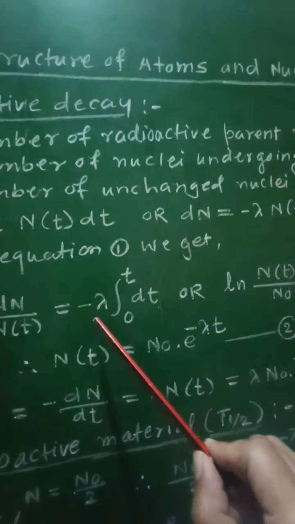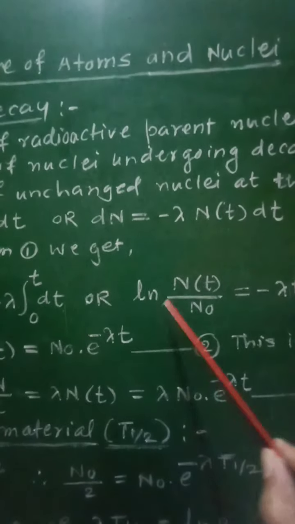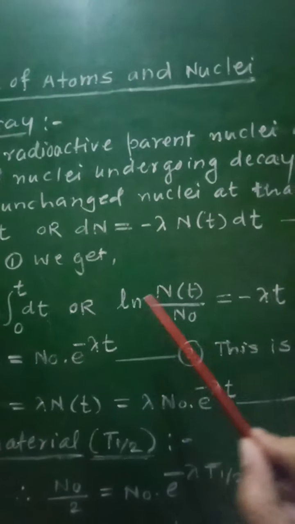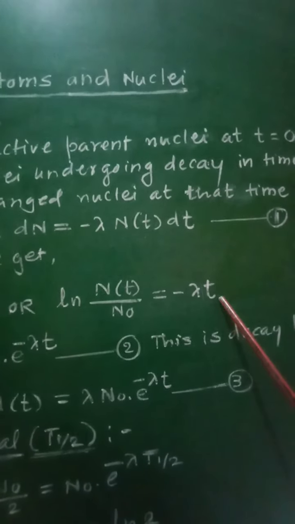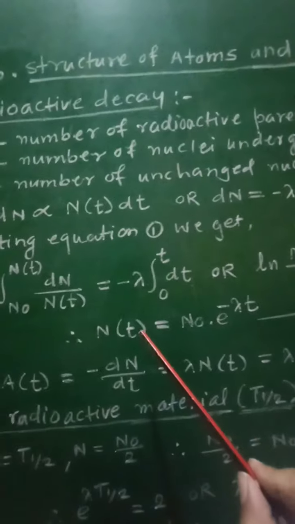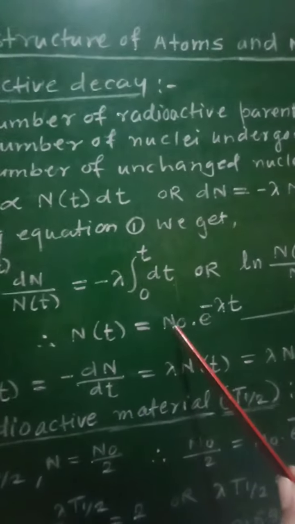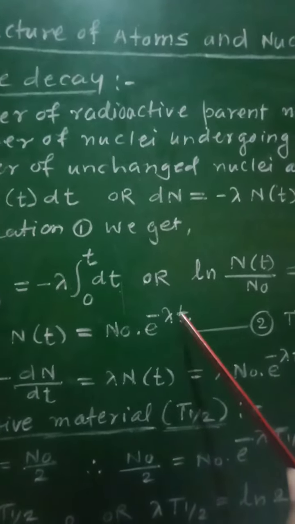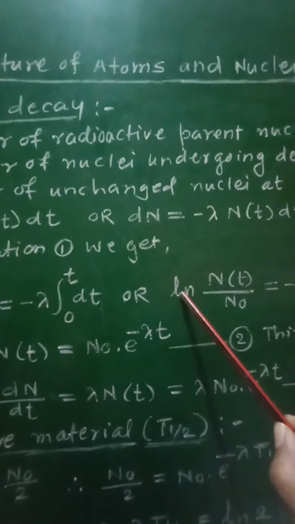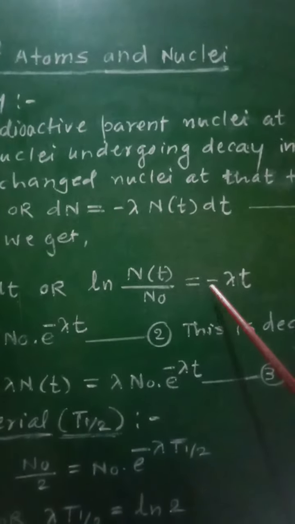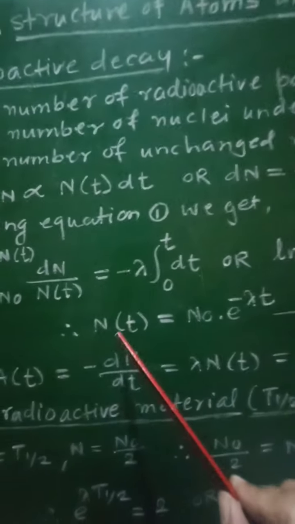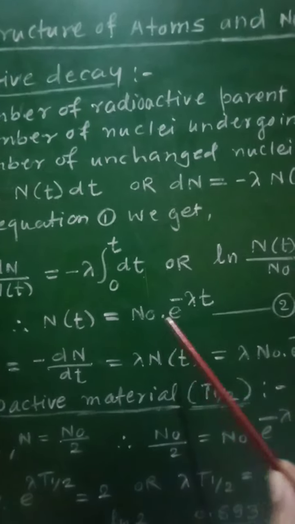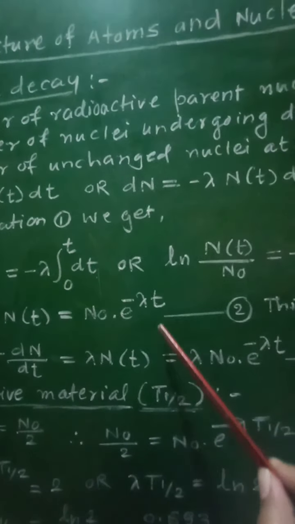From this integration we can write log of N(t) upon N0 equal to minus lambda t, and therefore from this relation we will get N(t) equal to N0 into e raised to minus lambda t. So removing the log, we get the exponential, that is e raised to minus lambda t, and therefore N(t) will be equal to N0 into e raised to minus lambda t, equation number 2.